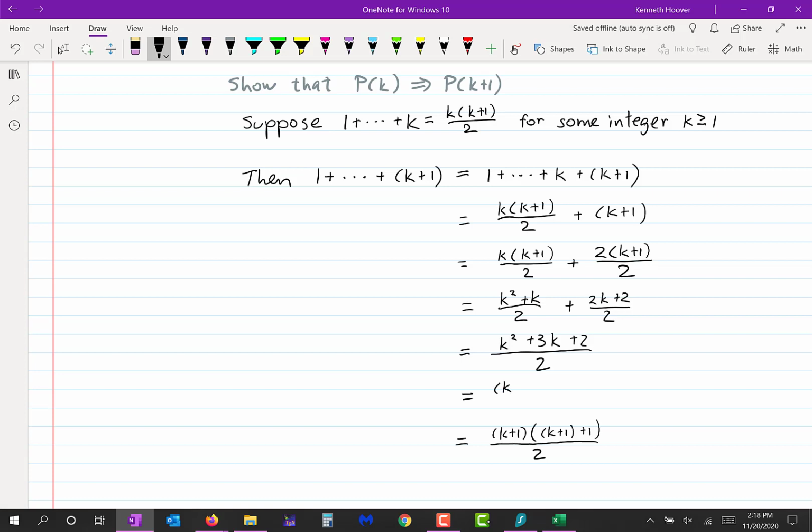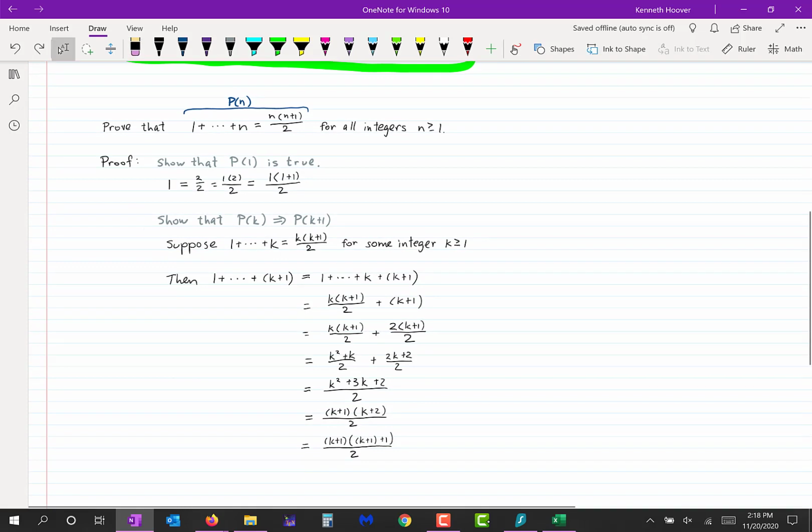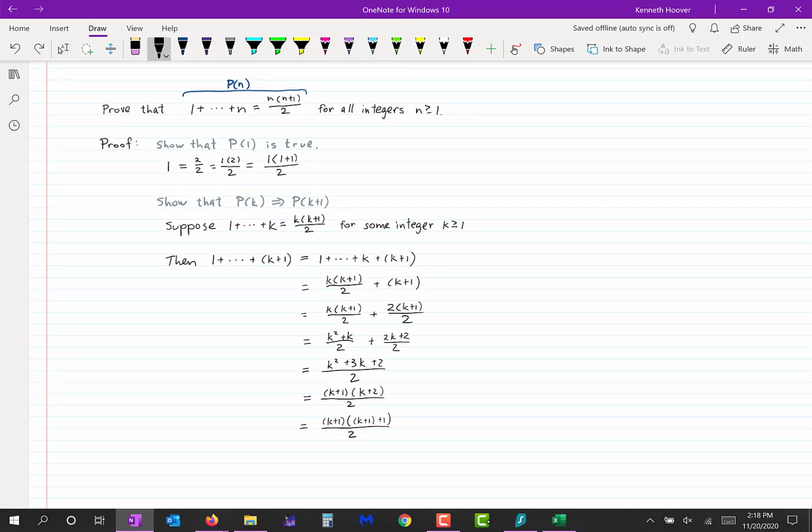It factors into k plus 1 times k plus 2 over 2. And then I just write that k plus 2 as k plus 1, which I already had written there. Sorry, I didn't mean to erase so much. Okay, and that's the whole proof. That's the end. I'll put a little box there to signal that we're done.